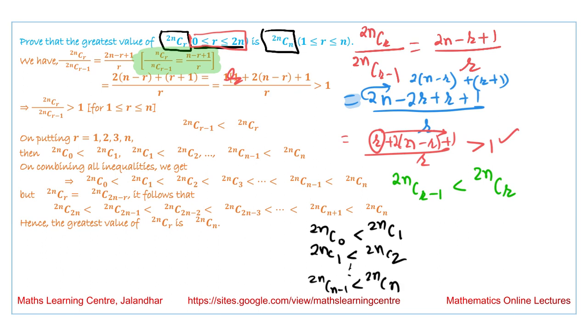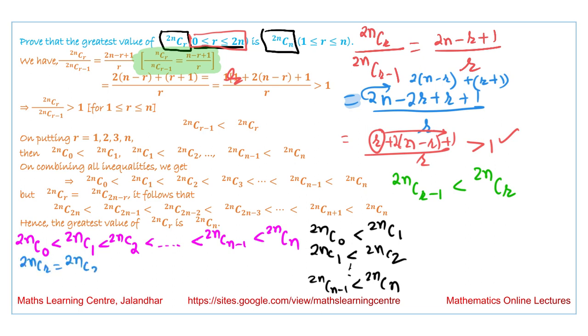If we combine all these inequalities, we have 2nC0 is less than 2nC1 is less than 2nC2 is less than, and so on up to 2nC(n minus 1) is less than 2nCn. We know that 2nCr is equal to 2nC(2n minus r).